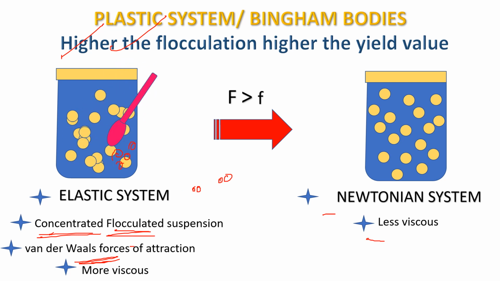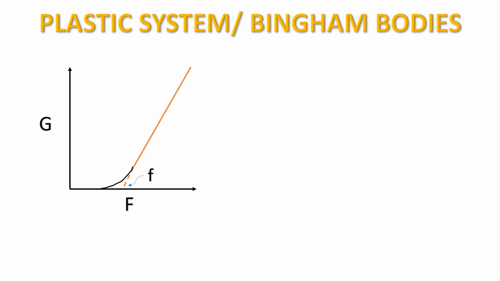Understood? So this is a graphic representation. When you plot a graph of G, that is the rate of shear, versus the shearing stress, you get a graph like this. This is nothing but the yield value. Till here, you will see that it has an elastic flow. Above this, it is a Newtonian system.